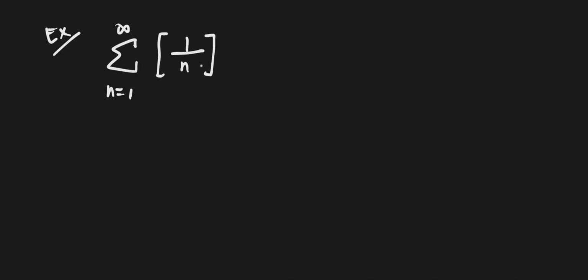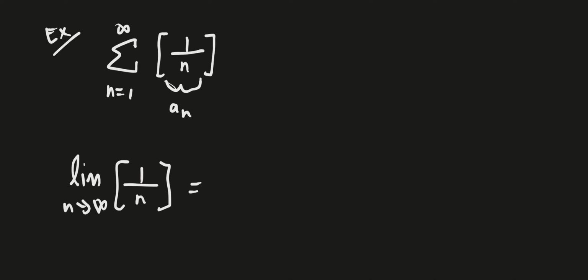But let's show that using the divergence test. We can take this, which is your a sub n, and take the limit as n approaches infinity of 1 over n. This is a very nice, easy limit. Your denominator gets larger and larger as your numerator stays the same, so this has to approach 0.